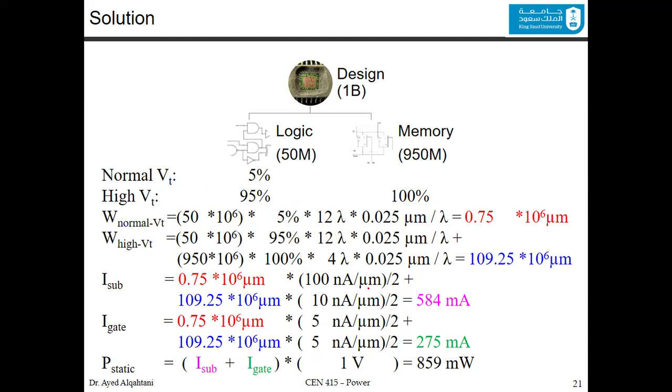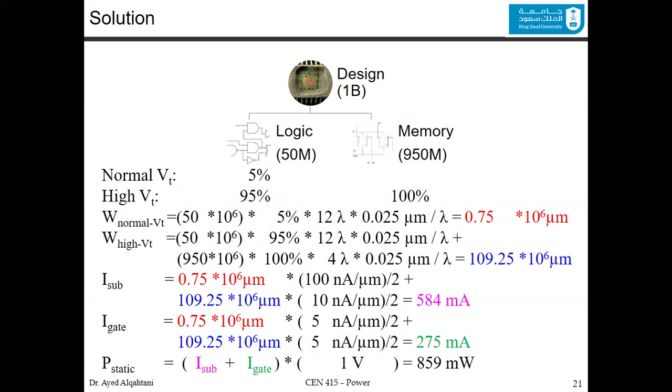So with this assumption, we multiply those together, plus the other one, which is the high V threshold times the low current, which is 10 nanoampere per micrometer. If you calculate this, it's going to be 584 milliampere. So that's what we will have for the subthreshold current.